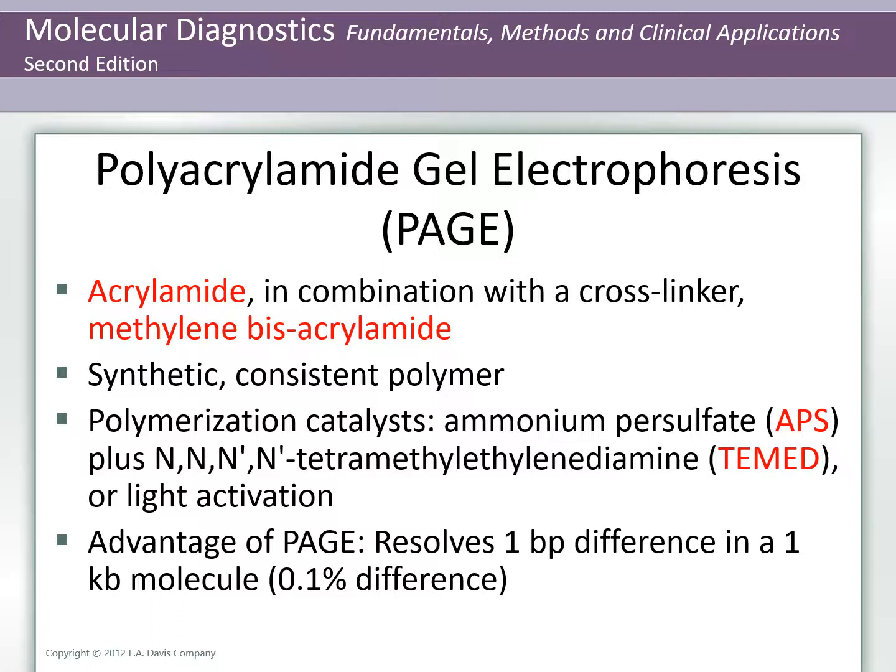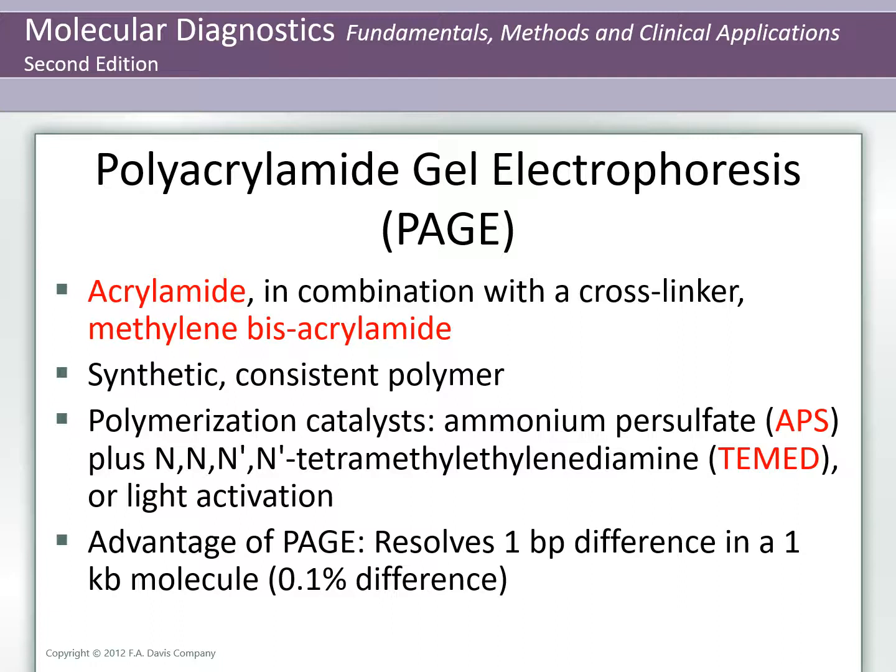Unlike agarose gel, which polymerizes upon cooling, polyacrylamide requires the use of a catalyst, either ammonium persulfate, APS, plus N,N,N',N'-tetramethylethylenediamine, also called TEMED, or light activation.